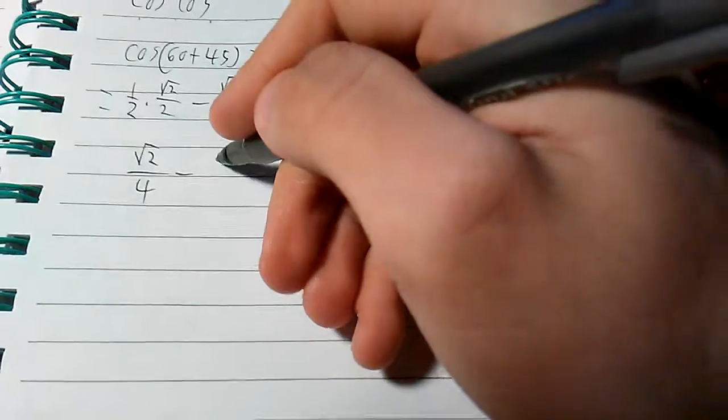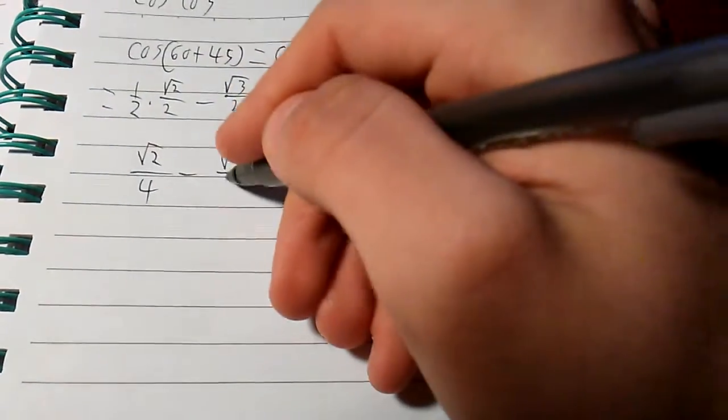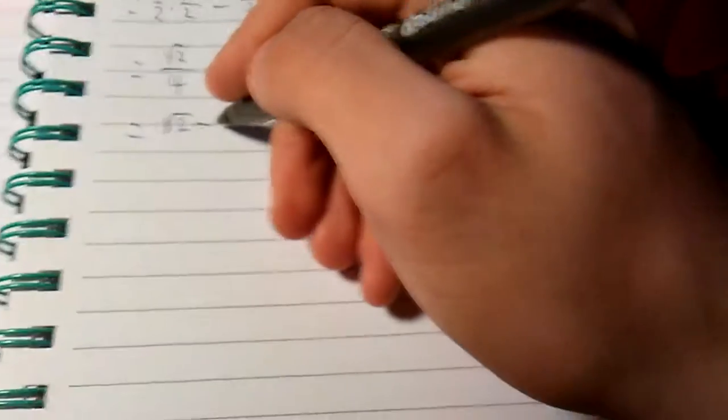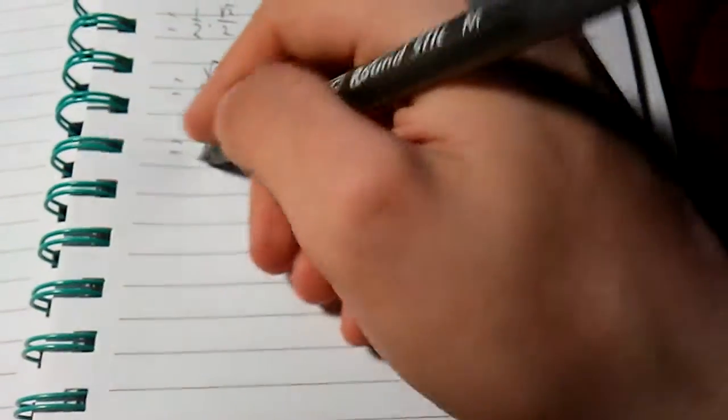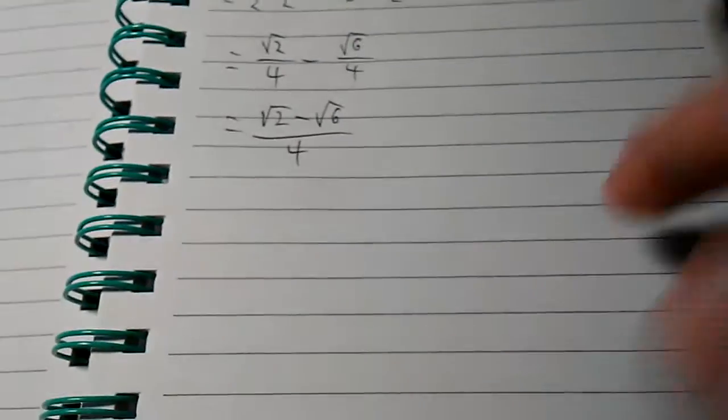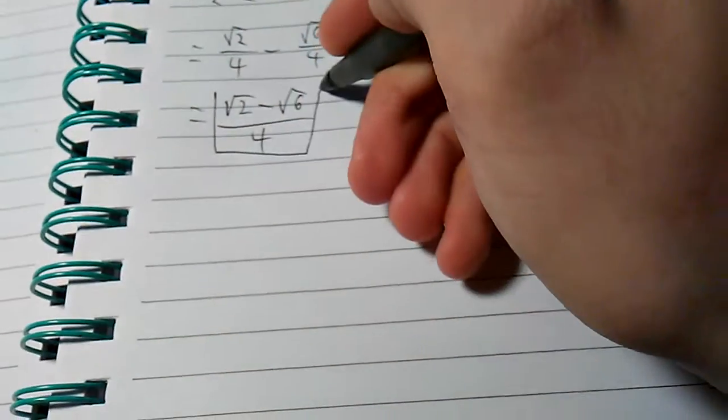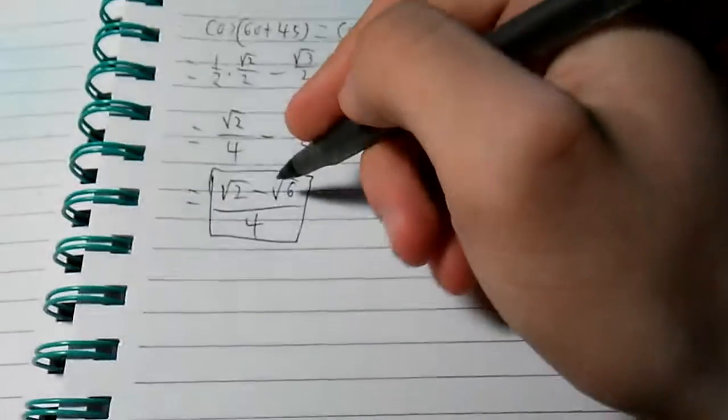Square root of 2 over 4 minus square root of 6 over 4. So what we have here, in its final form, is square root of 2 minus the square root of 6 divided by 4. And that is your exact final form for cosine. I mean, see, simple stuff.